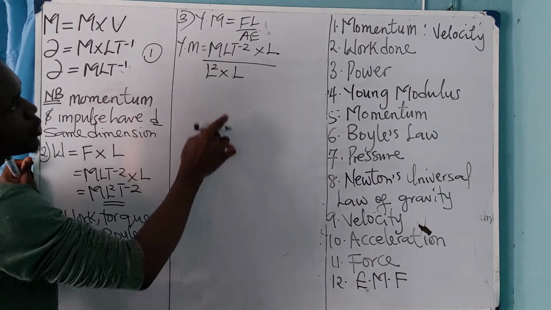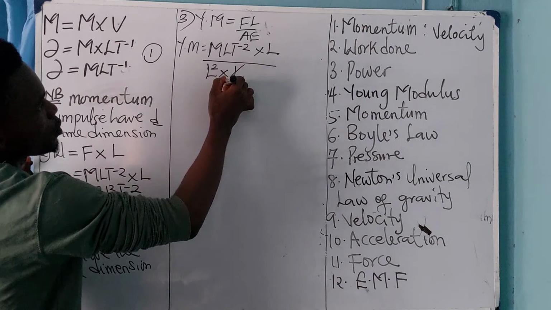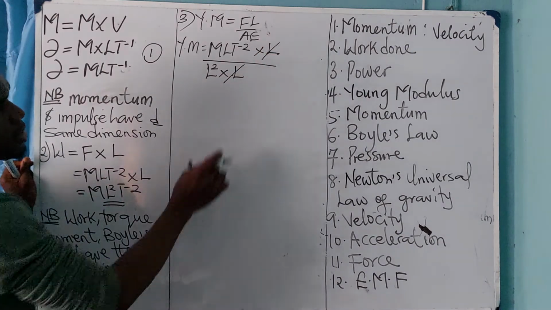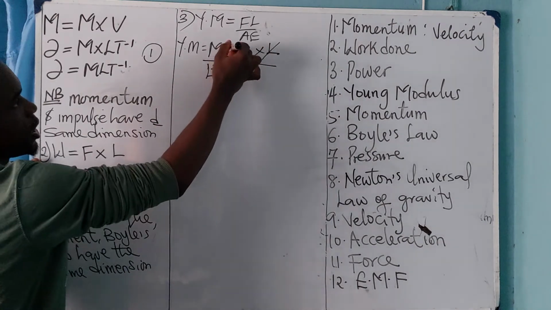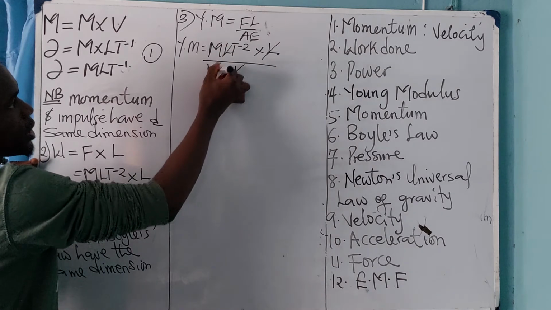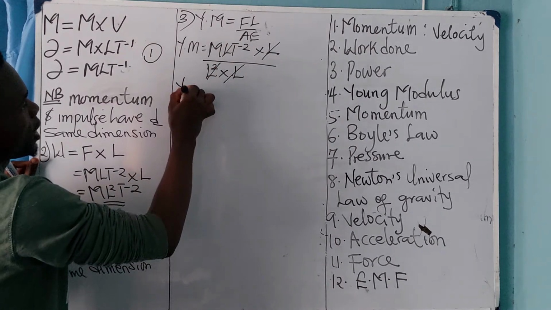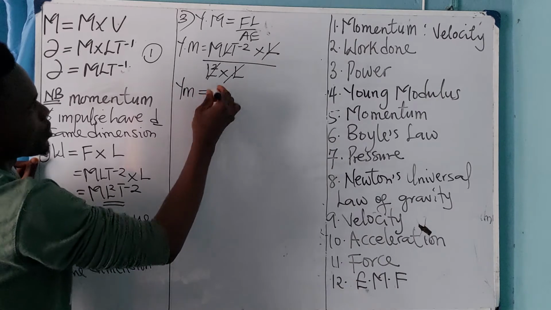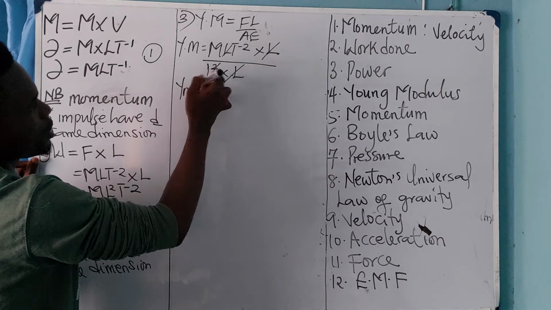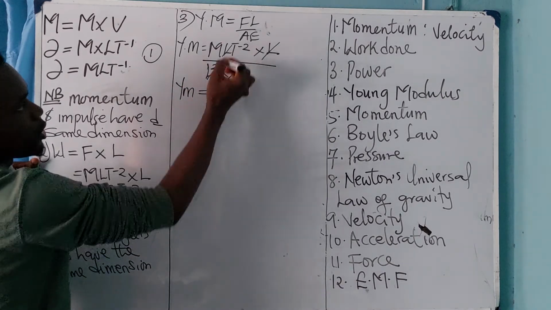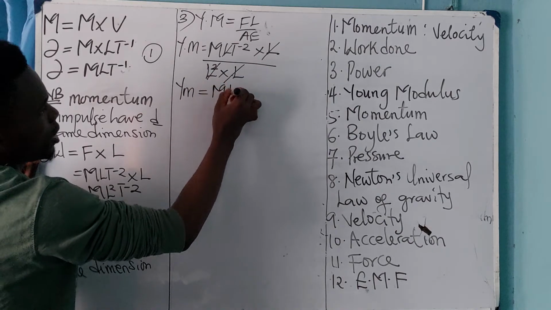So you will permit me to do it like this. This will go into this. L will cancel out L, then one L will cancel out one L from here. You now have YM equals, the remaining one L here is going up. It becomes ML minus 1.